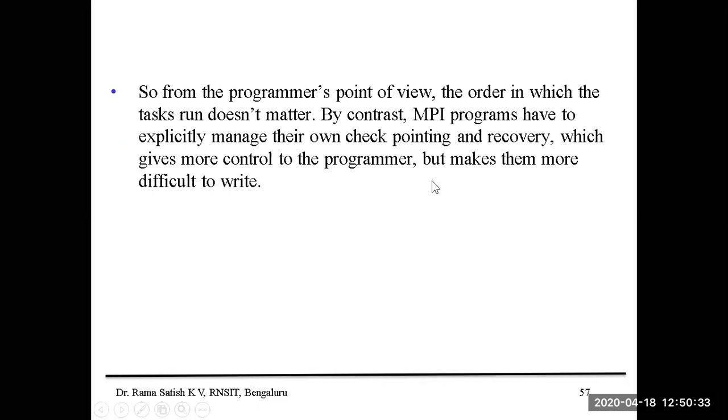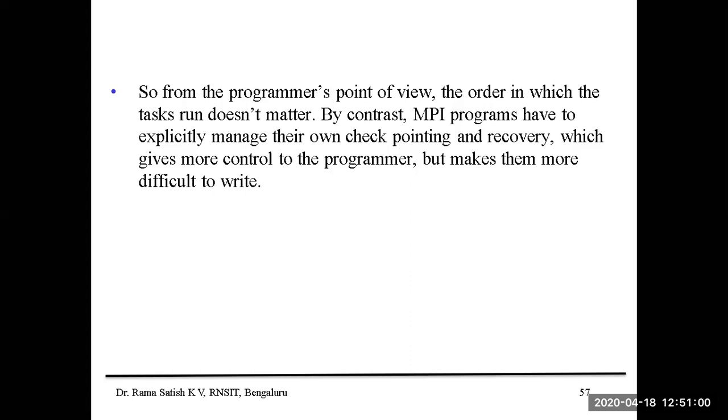With this advantage, from the programmer's point of view, the order in which the tasks run doesn't matter. Since there is no dependency in the tasks, the programmer can run any part of the program independent of its processing.